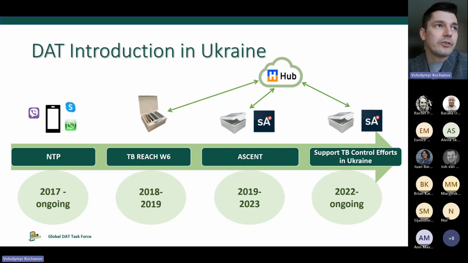Under a Stop TB funded TB Reach project in 2018-2019, we introduced a smart pillbox in Ukraine in two regions in selected districts. The goal of this small project was to see whether this technology is acceptable for both patients and healthcare providers, and whether it is feasible to use it in the country context.